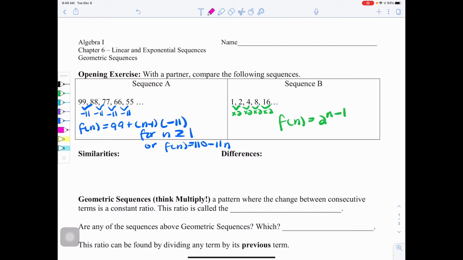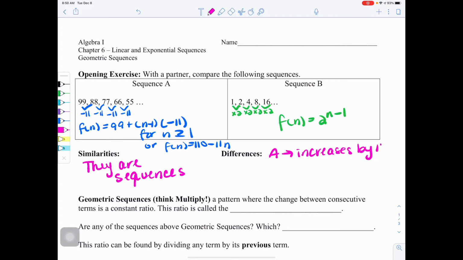So similarities, they're both sequences. So they both fit that criteria. However, the difference is A increases by 11 and sequence B is multiplied by 2. Or some people might word it as powers of 2.